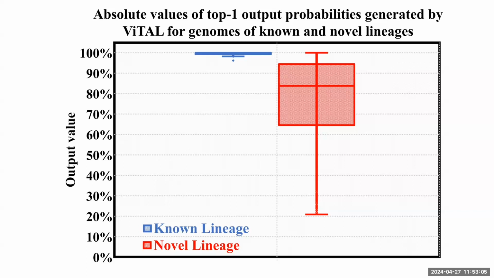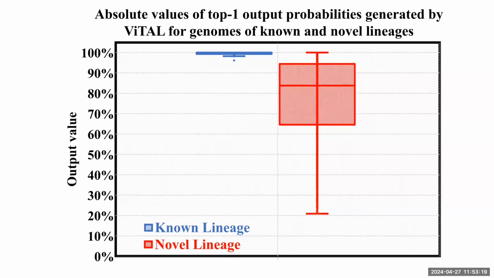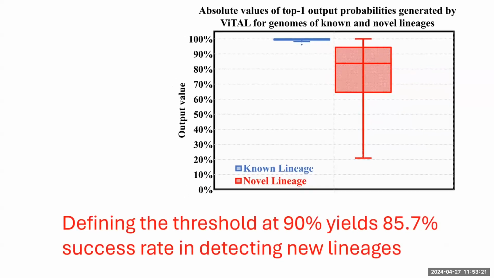Whereas if we feed the model a lineage that it wasn't trained on, it ranges between 65 and 100. Moreover, if we define a threshold at, let's say, 90%, we yield an 85% success rate in detecting new lineages. So that's basically it.